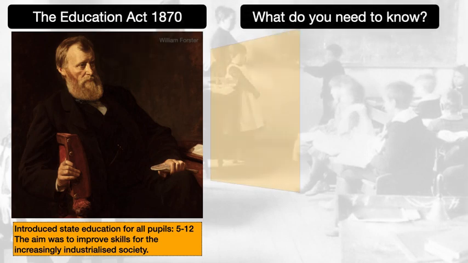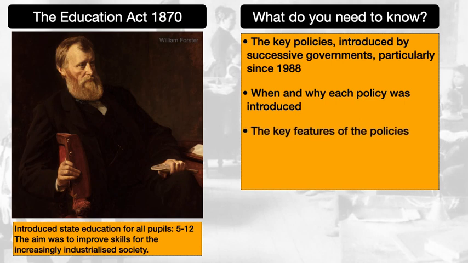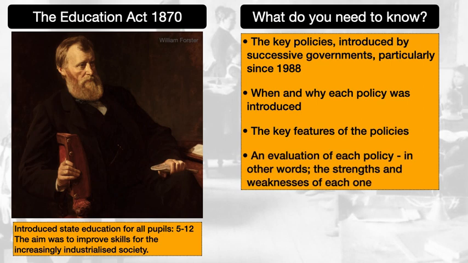Well, we need to know the key policies introduced by successive governments from here on, but particularly the ones that have happened since 1988, which was a significant year for education. We need to know when and why each policy was introduced, the key features of those policies, and of course we need to provide some sort of evaluation of each policy. In other words, what are the strengths, what are the weaknesses of each one?